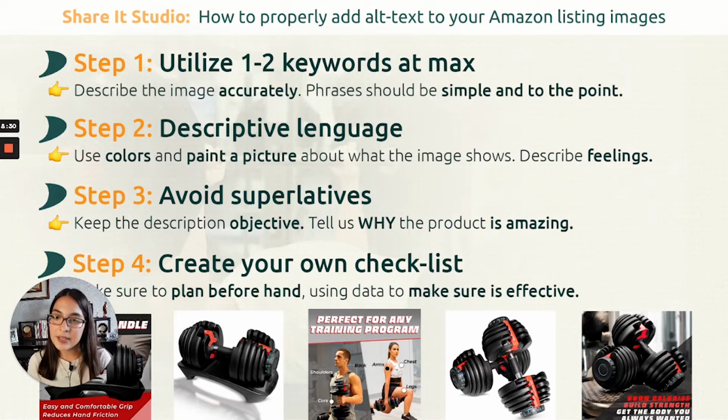The second step is to use descriptive language. Your customers cannot touch your product, cannot interact with it in real life, so using descriptive language is the way where you can connect emotionally with your customers, and this is where you get to show them how they're gonna feel with their product, how it's gonna benefit them, and why this option is the best for them.